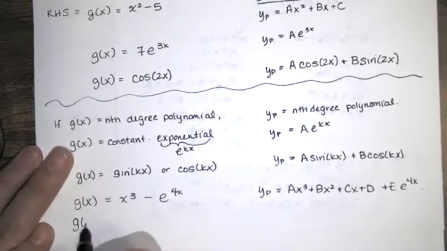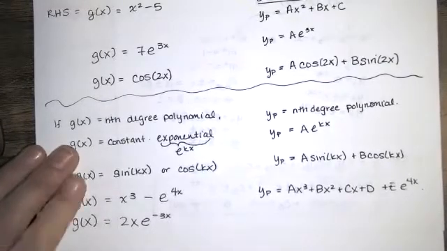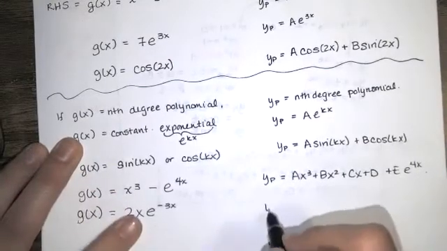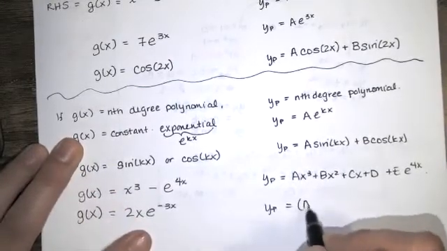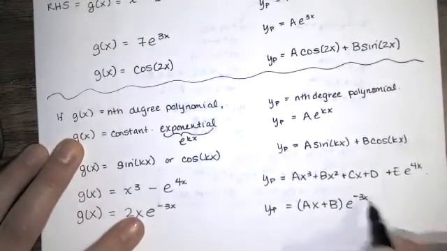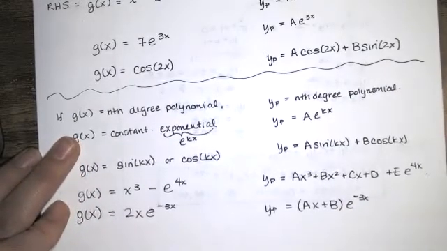And then what about products? What if we had 2x times e to the negative 3x? Well, that's a linear function times an exponential. So I would guess a linear function times the exponential. And you want to keep the k there, because derivatives of expressions like this lead to expressions like this.